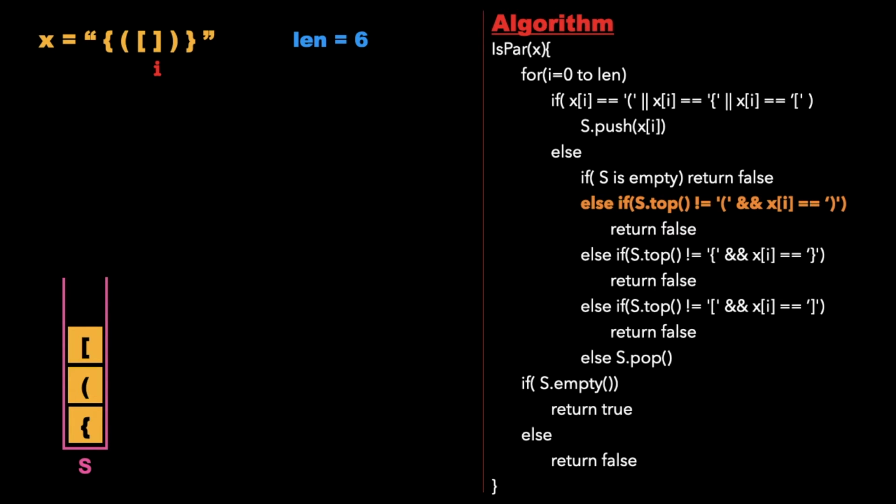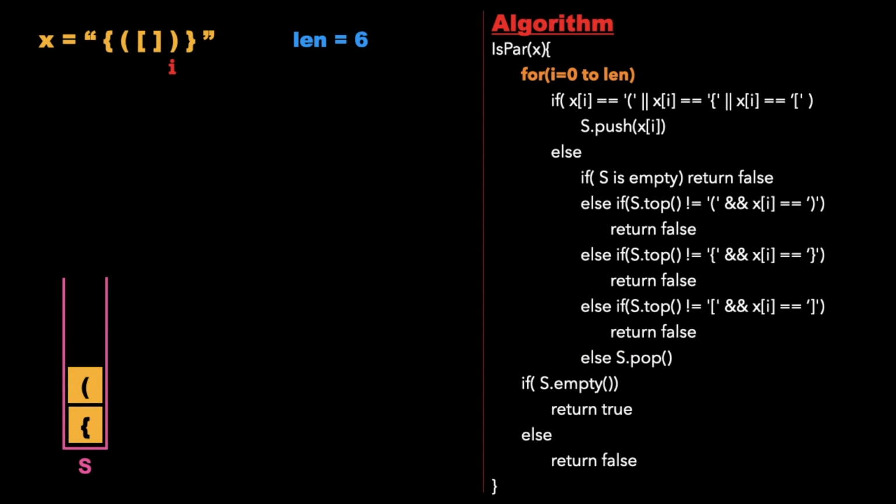So this condition is false, as well as this one. This condition is true for x of i equal to the closing square bracket, but it is false for the case that the top of s is not equal to the opening square bracket. That is, these form a pair. So finally, we pop that element from the stack and increment i.